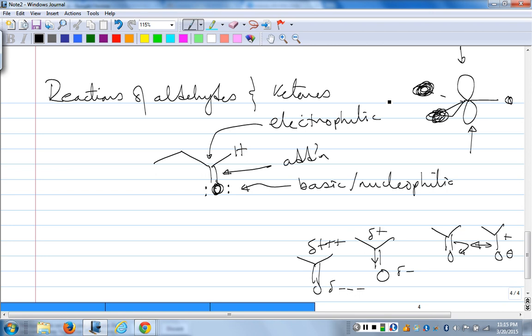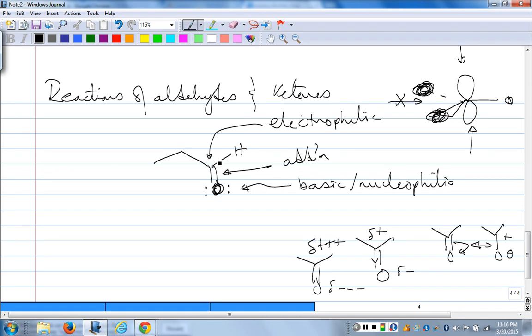And certainly approaching from this side would be tricky, but that doesn't happen because there are no orbitals in this region. The region on the carbon where there are orbitals, and therefore where chemistry happens, is actually perpendicular to the molecular plane, and that is the direction that nucleophiles approach. So not only are carbonyl carbons great electrophiles because they are very positive looking, they've got huge dipoles, but they're also sterically open. Okay?